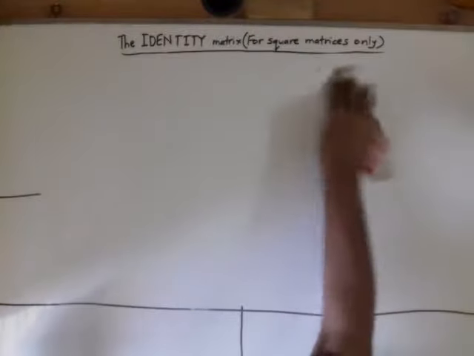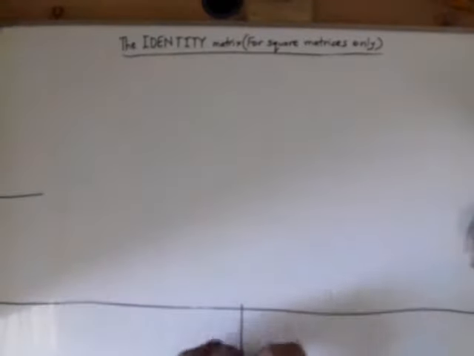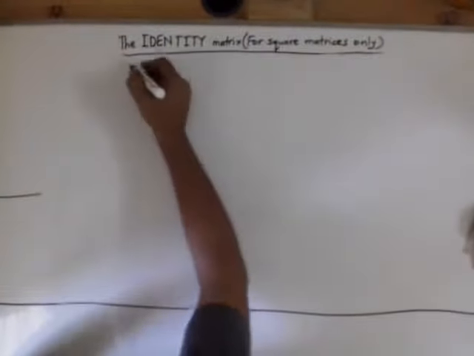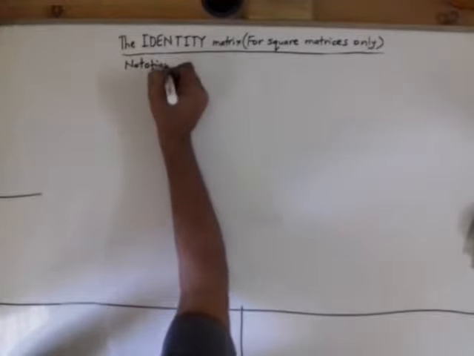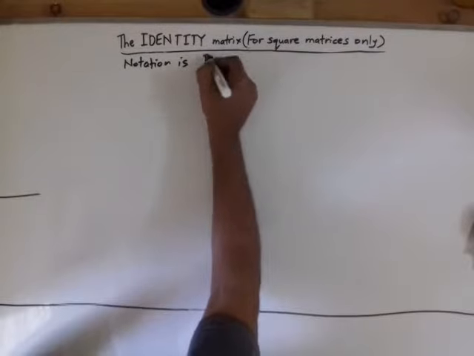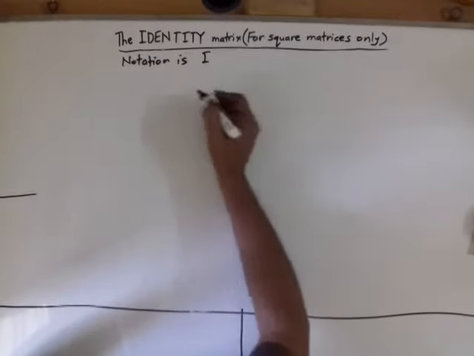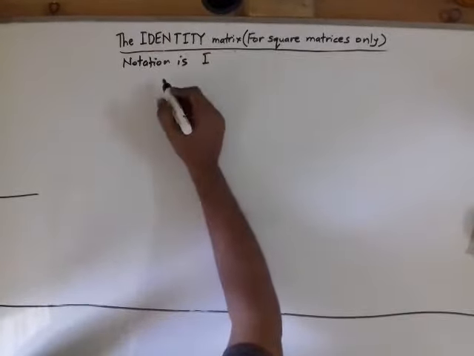Let's just try to write down what we learned for an identity matrix. Notation is I. What is an identity matrix?